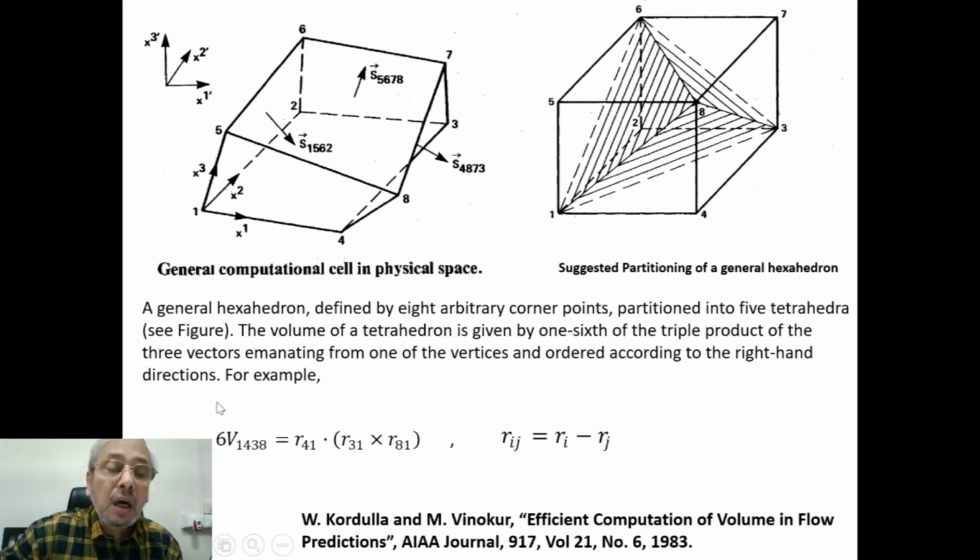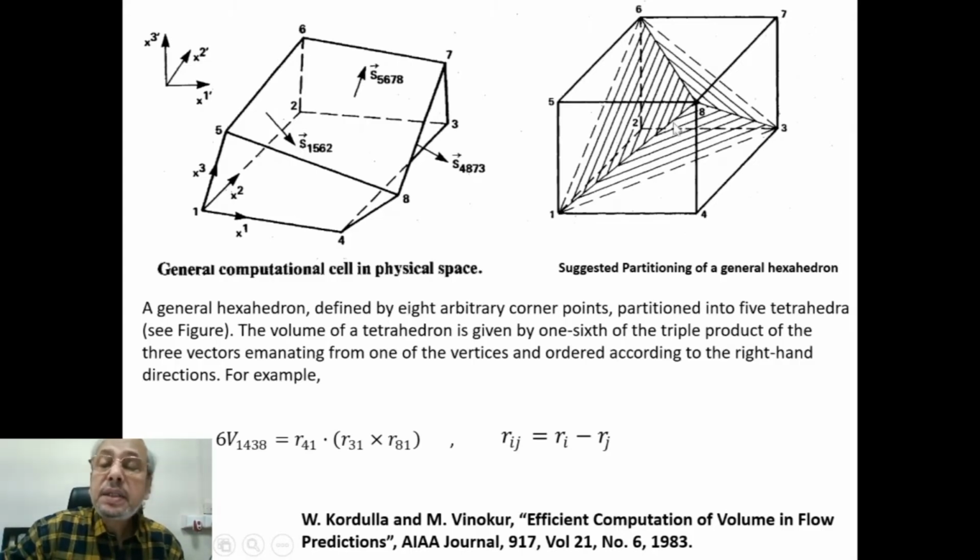We know how to calculate the volume of such tetrahedra, and that is written here also. It is given by 1/6 of the triple product of the 3 vectors emanating from one of the vertices and ordered according to the right-hand directions. For example, how to calculate the volume of the tetrahedron given by 1, 4, 3, 8.